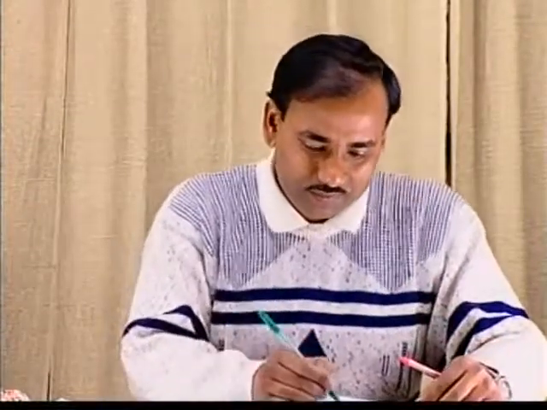So let me quickly take another simple precedence graph, and see how we can write a fork-join based structure for that.